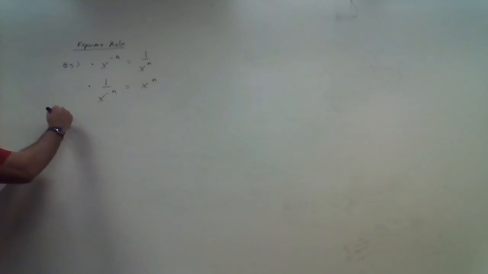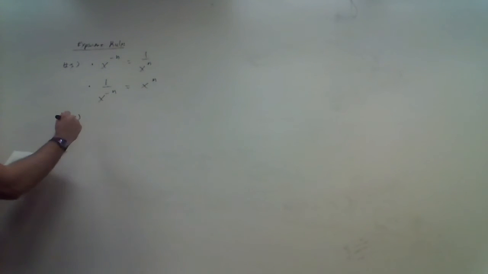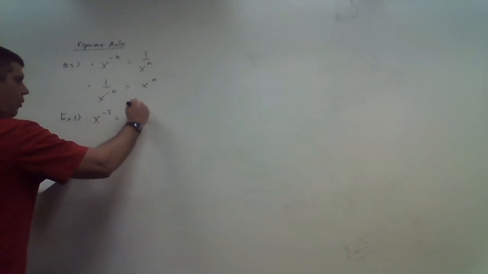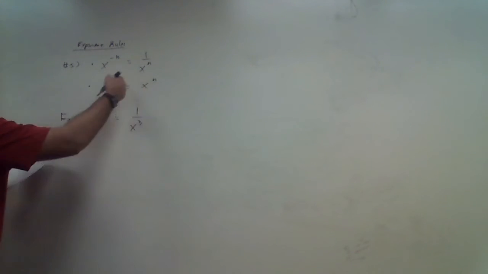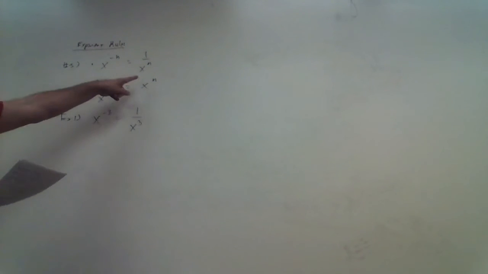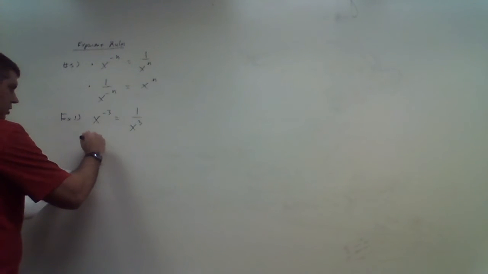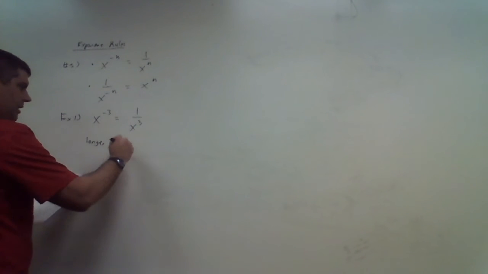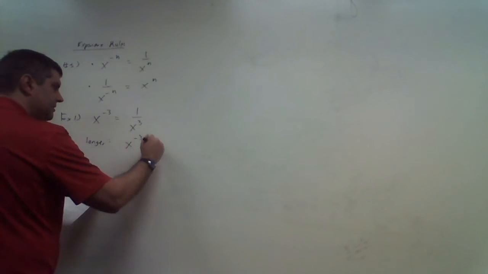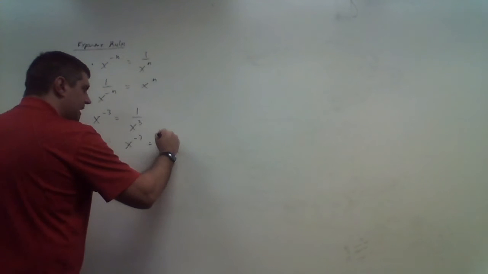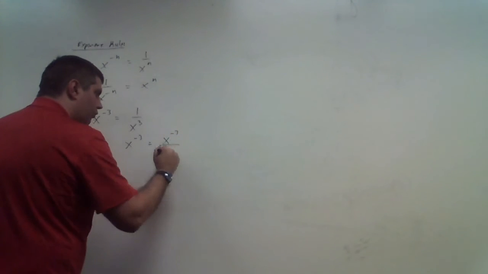So for instance, example 1, you have x to the negative third, which will be 1 over x cubed following this rule very strictly. Longhand, okay? If I treat this as moving it to the other side of the fraction bar and making the exponent positive, this is equivalent to x to the negative third over 1.